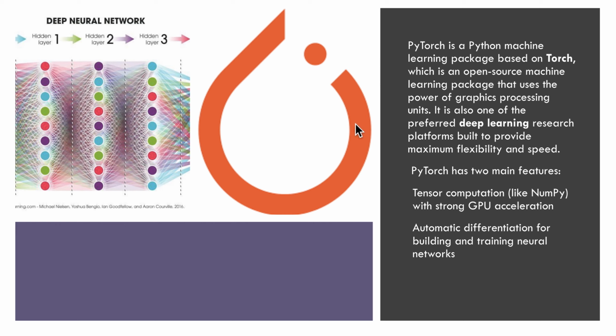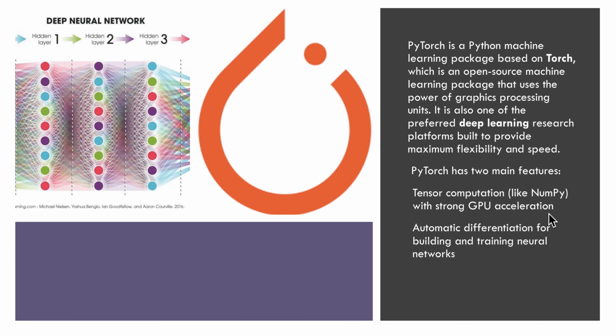And PyTorch is a preferred deep learning research platform, and it has two main features. It has tensor computations like NumPy, and NumPy, as you know, is an important Python package. And in case that's not something you are acquainted with, I'm going to very briefly touch upon that in the coming lectures.